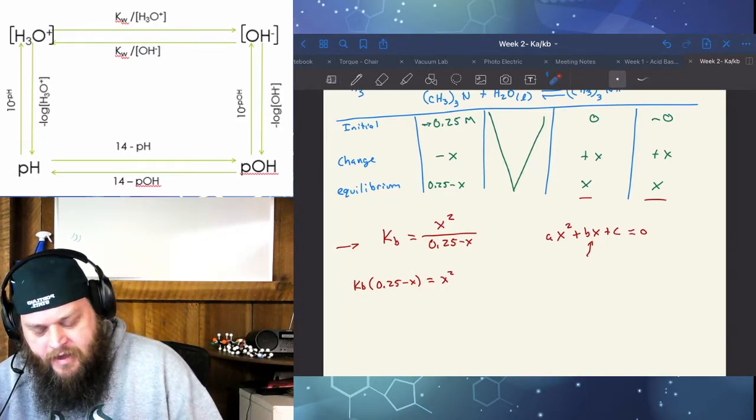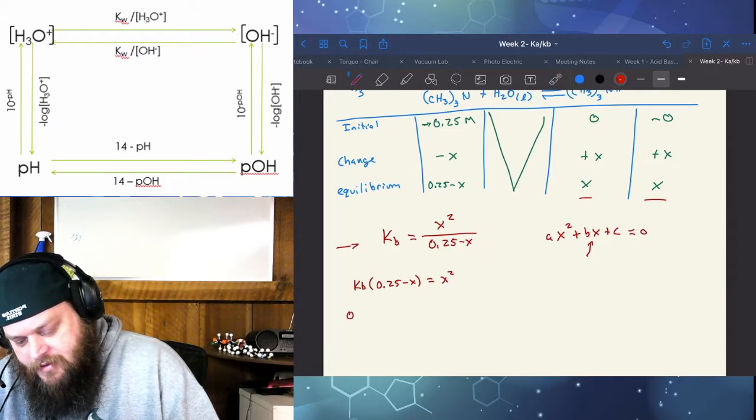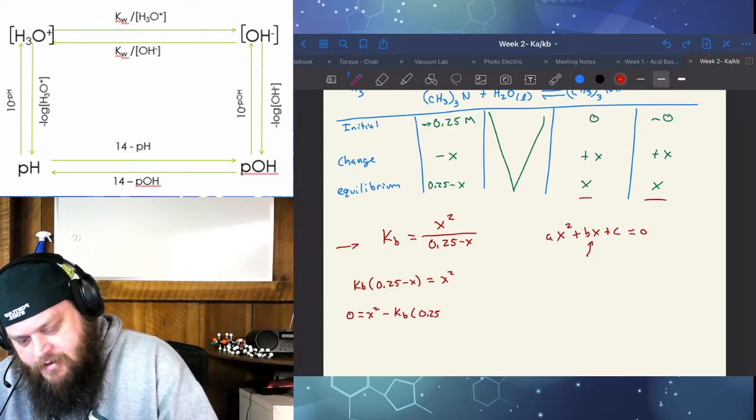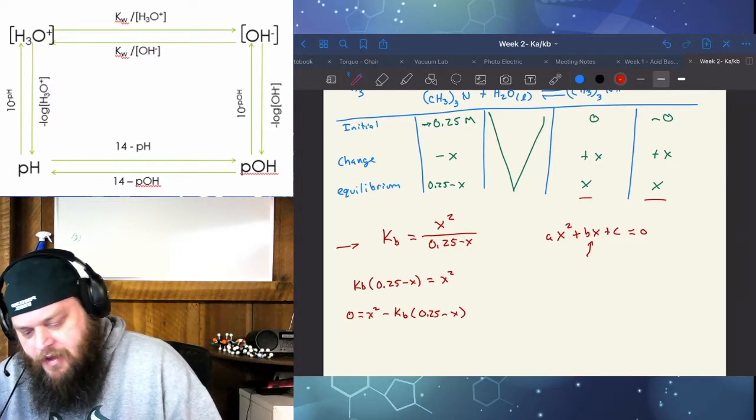Distribute this in. I'm going to move it over. So first let's move it over. So I can say 0 is equal to x squared minus KB times 0.25 minus x. And then distribute that negative KB in.